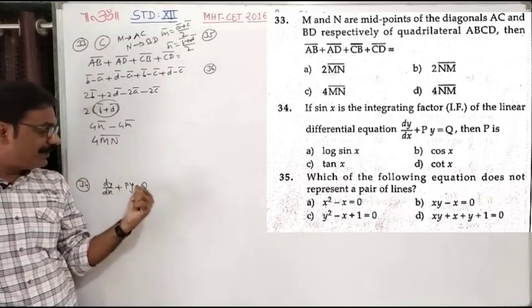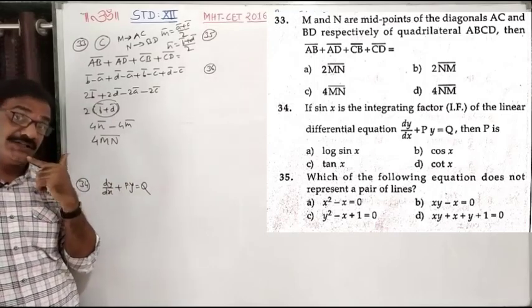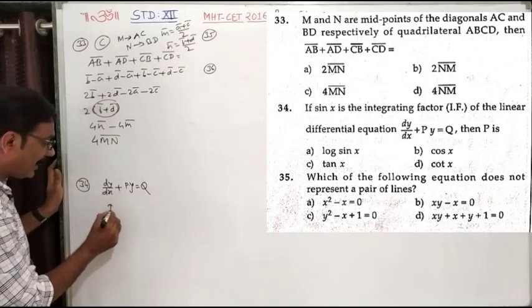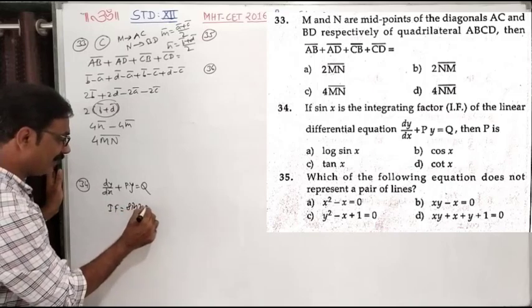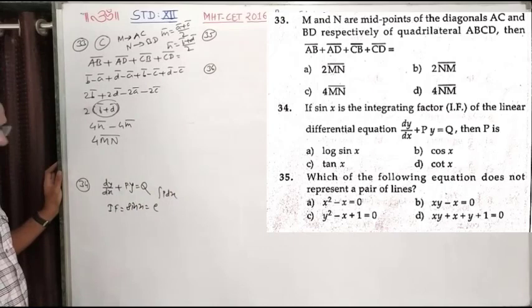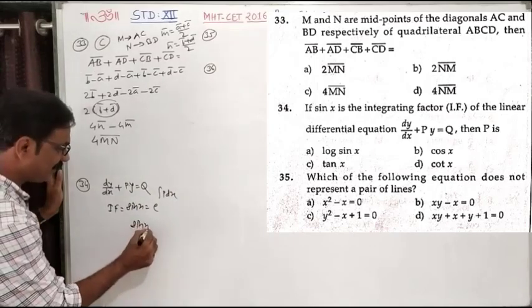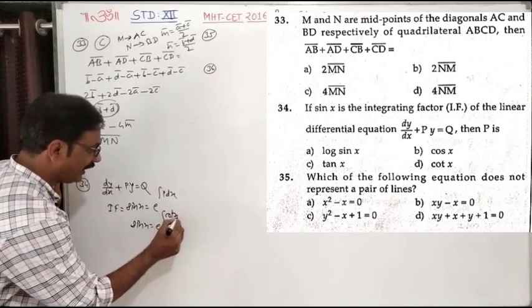Look at question number 34. dy by dx plus py equal to q. Integrating factor is sin x. Okay, how do you write the integrating factor? Sin x is given, but how do you write that? Integration of p dx. Yeah. So sin x, integration of... No. Suppose it is cot x.